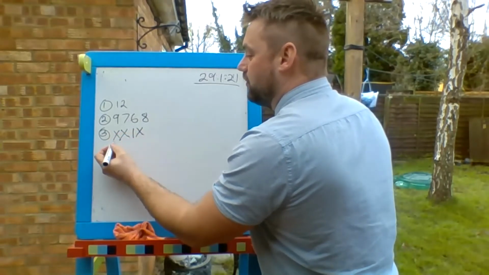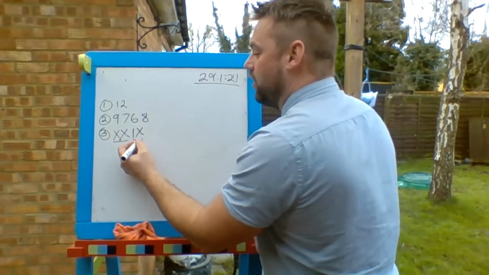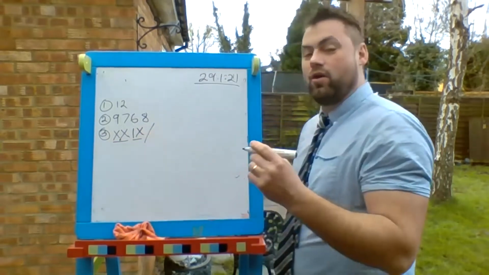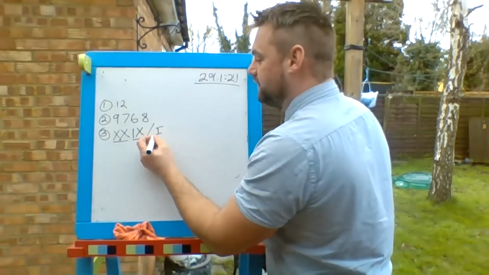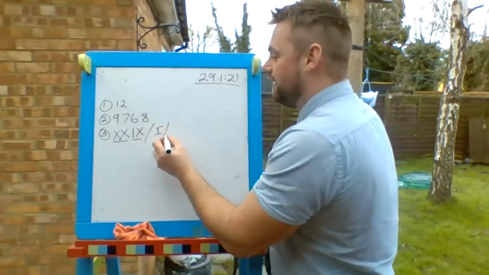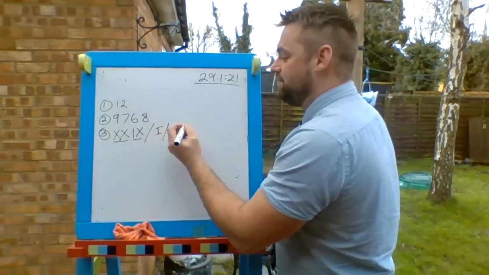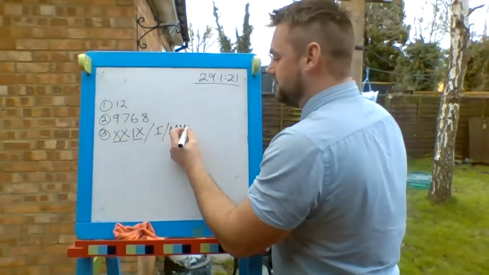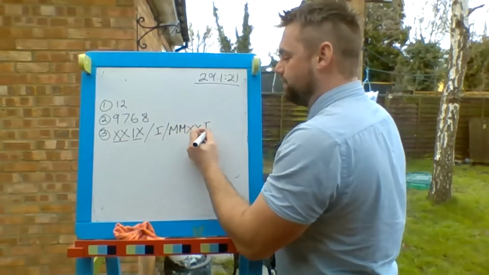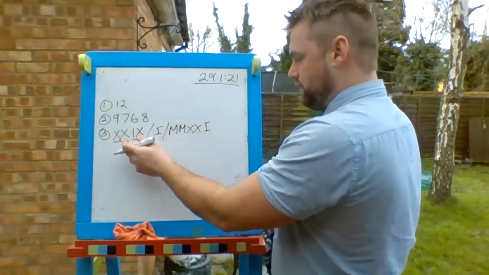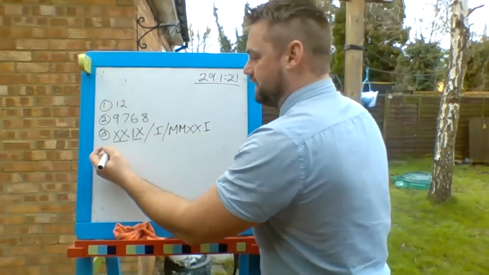So we've got 20, and then we've got our 9. We've then got 1, which is nice and easy. And then 2021. 1,000 is represented as M, so we've got 2 M's, and then 20, 2 X's, and then 1. 29, 1, 2021.